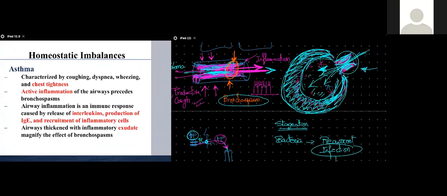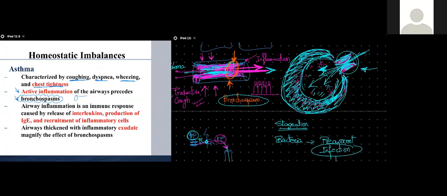Asthma is characterized by coughing, dyspnea, wheezing, and chest tightness. So asthma is an active inflammation of the airways. It has the bronchitis part of the COPD. And inflamed airways are going to also be contracting in response to the inflammation.